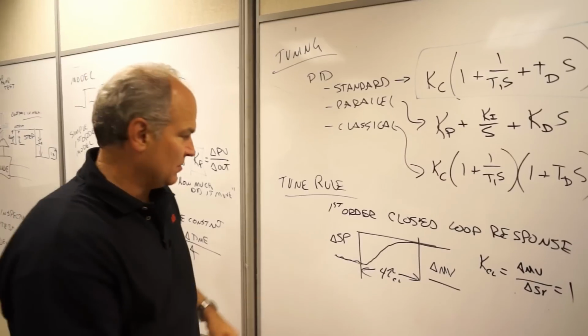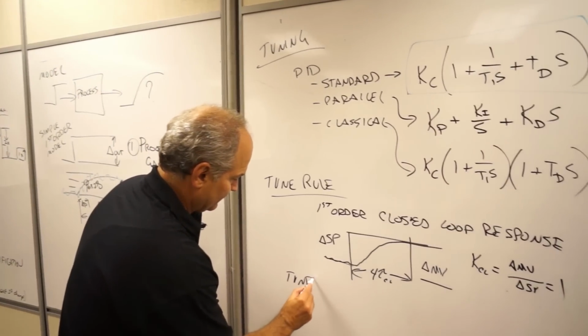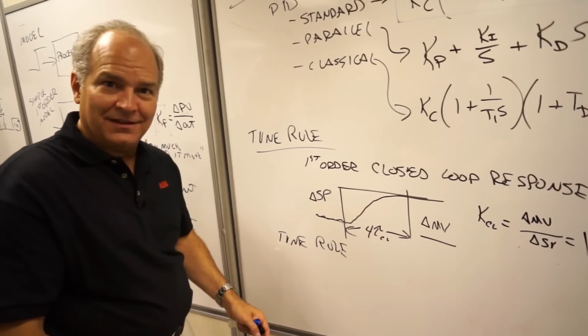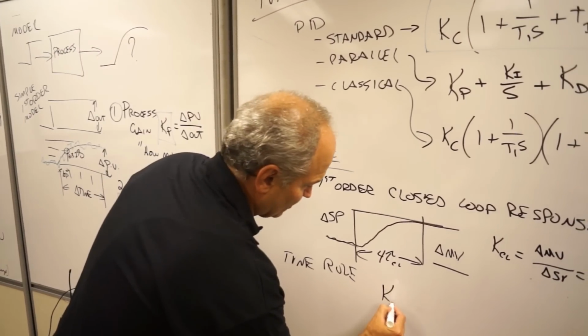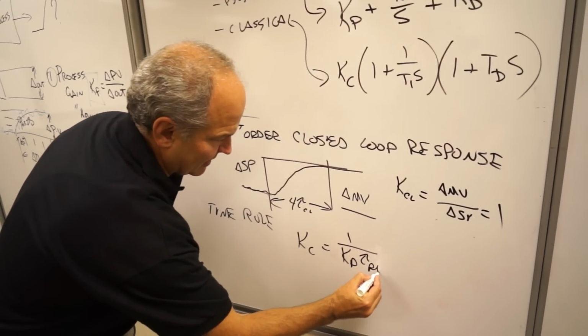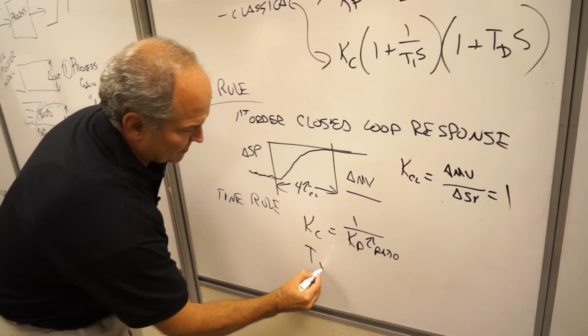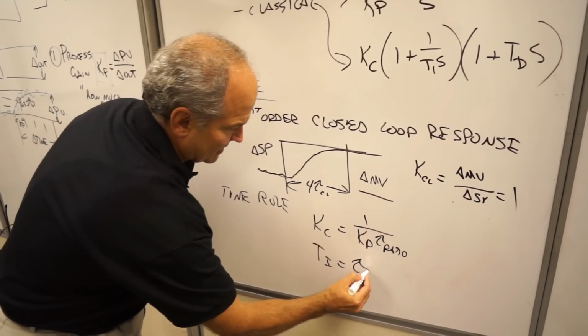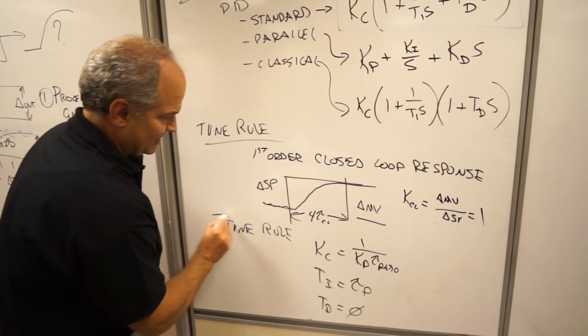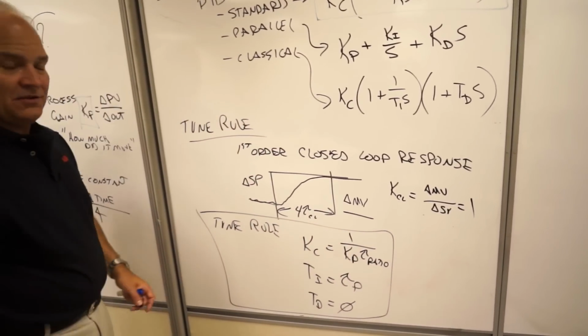So what is the tuning rule to do that? There's a lot of math underneath the surface, but the control gain is equal to 1 over the process gain times this thing called tau ratio. The integral time is equal to the process time constant, and the derivative time is equal to 0. These are the magic numbers that you have to use.